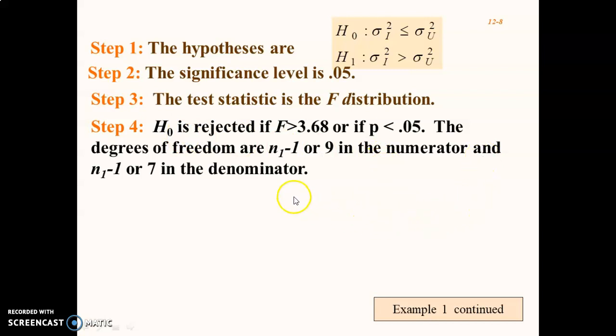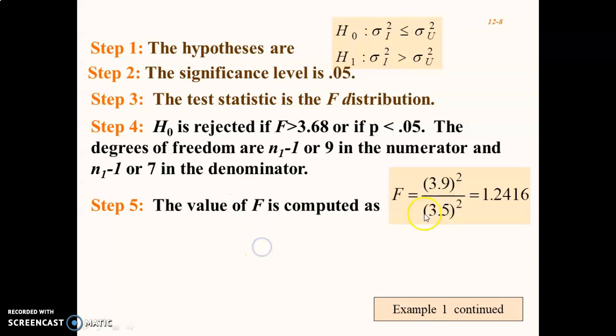The degrees of freedom are n sub 1 minus 1, or 9, in the numerator, and n sub 2 minus 1, or 7, in the denominator. Step 5, the value of F is computed as 3.9 squared over 3.5 squared, which is equal to 1.2416. So we compare F of 1.2416 to our critical value, which is 3.68.